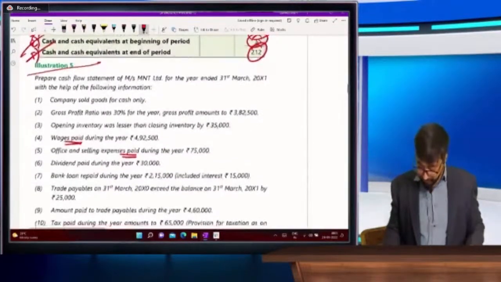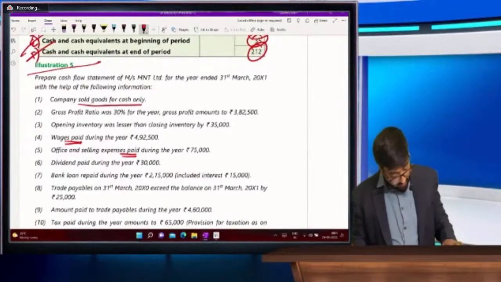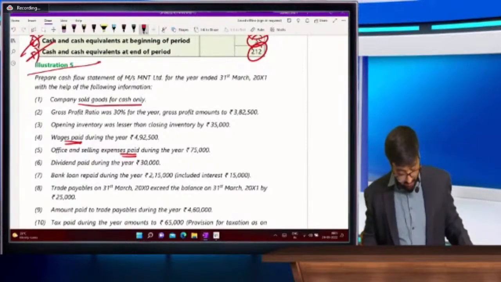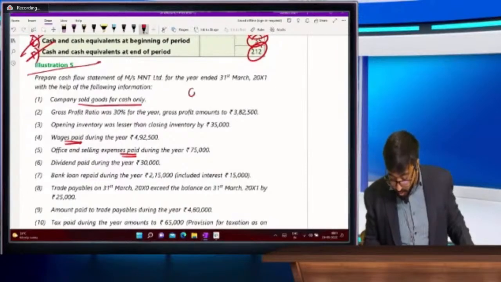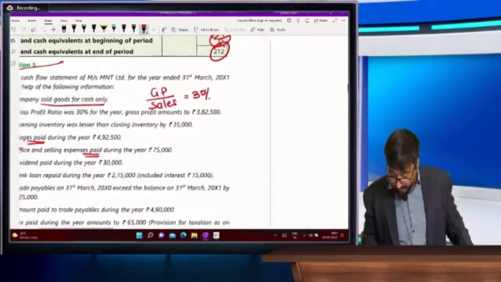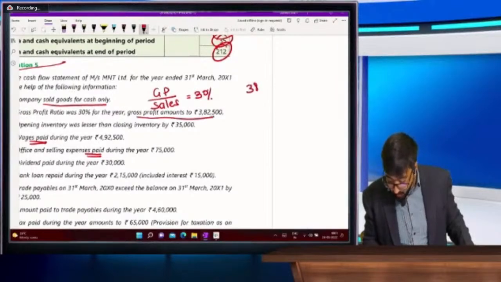See, company sold goods for cash only. Okay. Gross profit ratio. Now, what is the formula? GP upon sales is equal to 30%. And GP is given in the question, 3,82,500. You can write over there. Therefore, sales 30%.